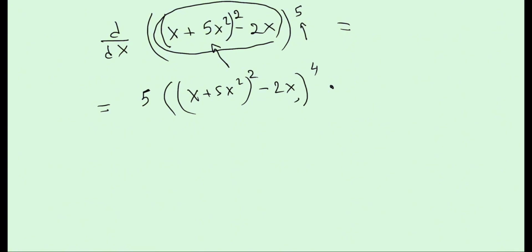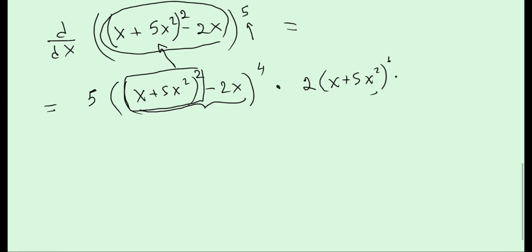So now this is our outside, right? So to get the derivative of this, we have to derive this part first. We're working from the outside, so the derivative of the outside is going to be 2 times (x plus 5x squared) raised to the power 1, times the derivative of this inside, which is going to be 1 plus 5 times 2x.